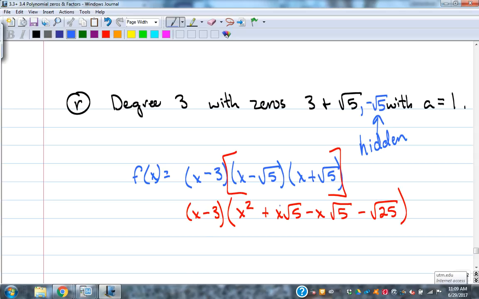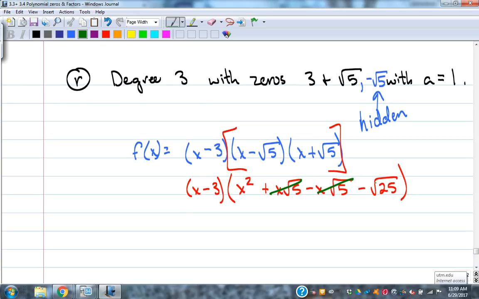The square roots will go away. Positive x square root of 5 and negative x square root of 5 are going to cancel each other out. And then square root of 25 is 5. So that'd be x squared minus 5.